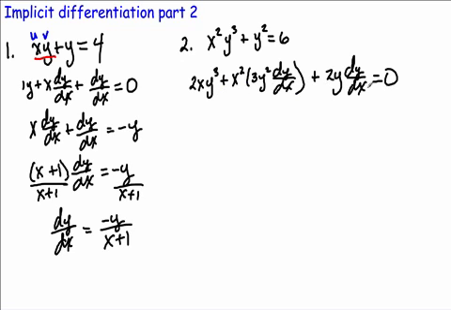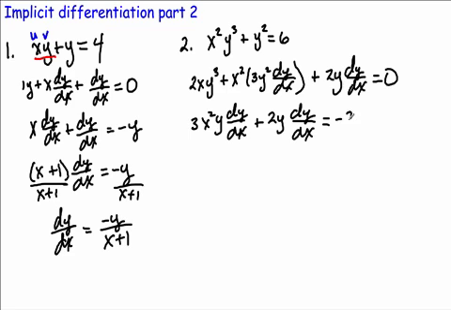Okay. Well, now we need to move some things around. So I'm going to take this to the other side and simplify a little bit. So that would be 3x squared y dy dx plus 2y dy dx equals negative 2xy cubed. And now, of course, just like the problem here, I'm going to factor out the dy dx.